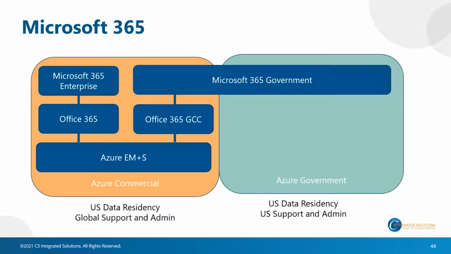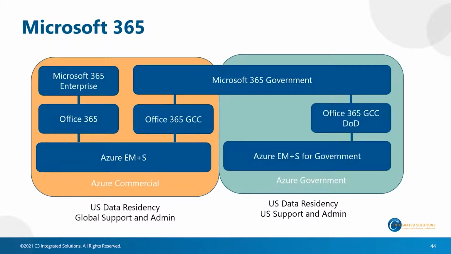It includes not only data residency, but US support and administration. So as Microsoft started selling Office 365 to the DoD, that's how that came about. If you are Navy.mil, Army.mil, that's where you are going to live in the Office 365 version of the DoD version of it.